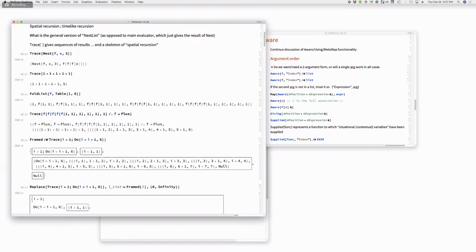One point about trace is that it gives you only one computation path. If you had, for example, pattern matching with multiple possible matches, trace is only going to show you the result of taking one of those matches. What we ultimately want is a multi-way graph that represents all possible such matches, because then we think we're going to be able to do other types of computations where we're tracking not just the one match that happened, but all possible matches.